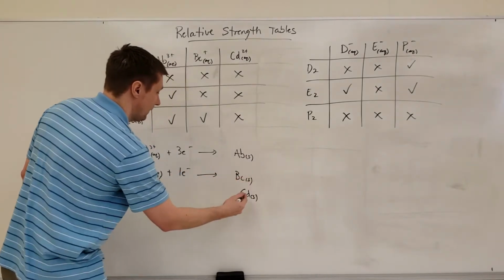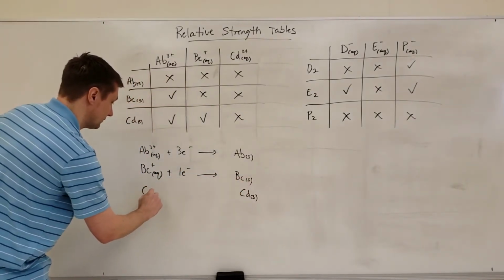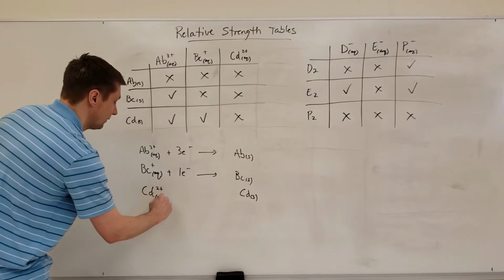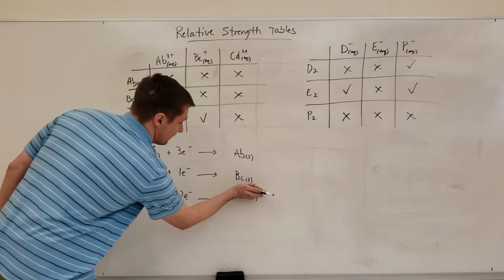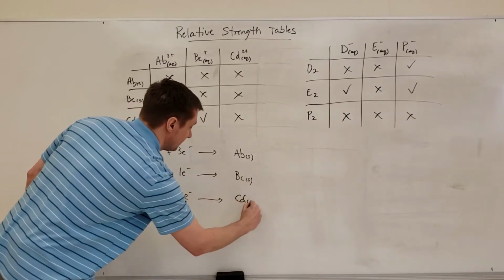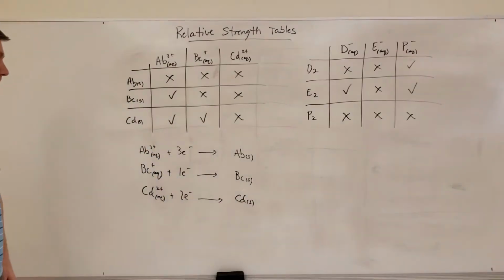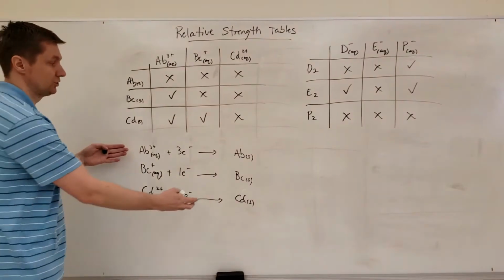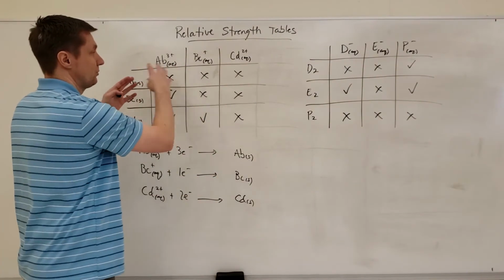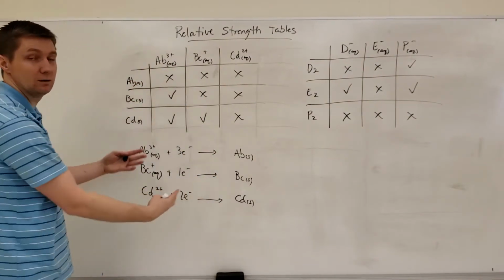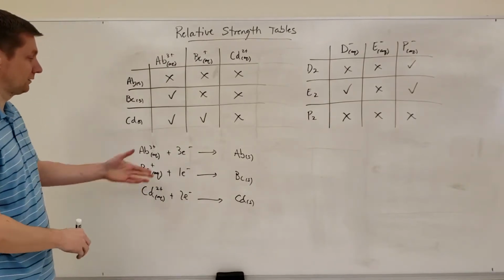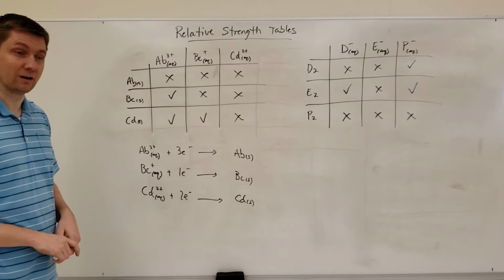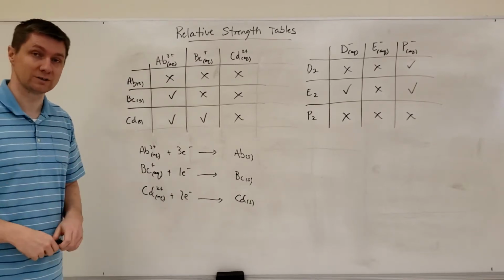And then my last one is obviously Cd2 positive, which goes below that. Like that. So here again, I can double check to make sure that the check marks correspond with the spontaneity using this reduction half reaction table, and I can make sure that that fits. If I find a discrepancy, then I know I've made a mistake somewhere.